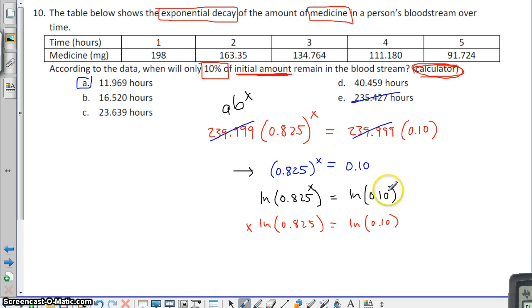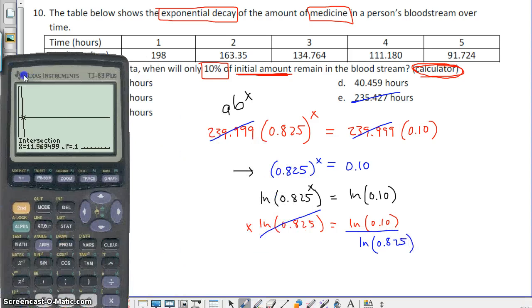It may have been better to choose log base 10 since this is a factor of 10, but it doesn't really matter since I'm going to have to use this value over here anyways. So last step would be to divide by natural log of 0.825. And that would be my x value.